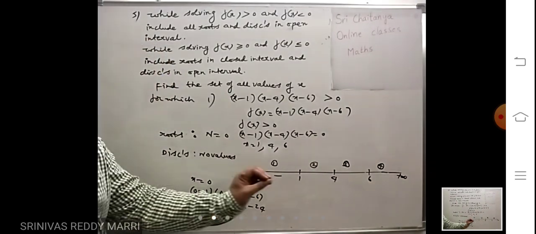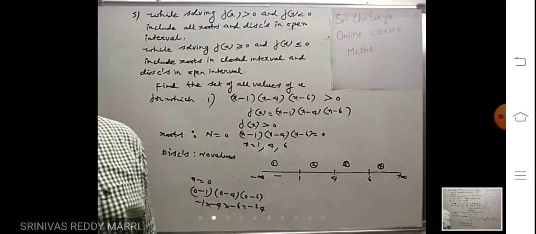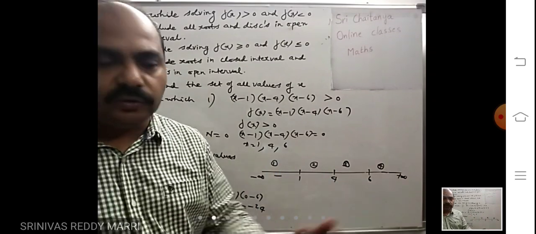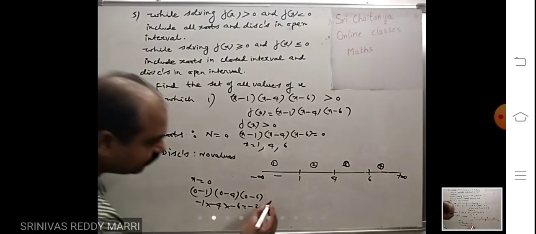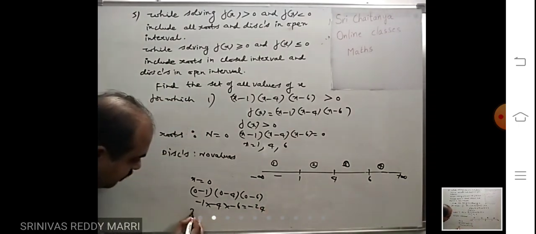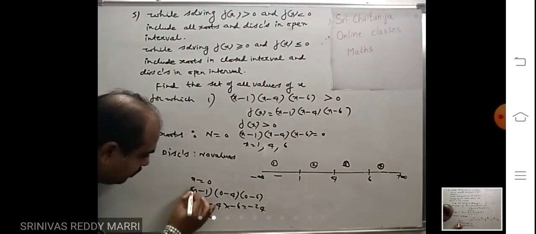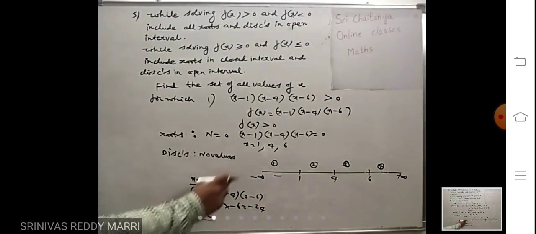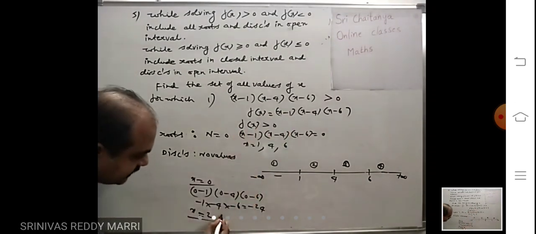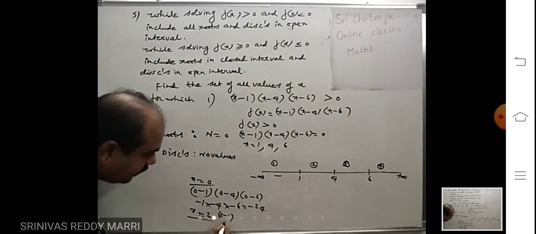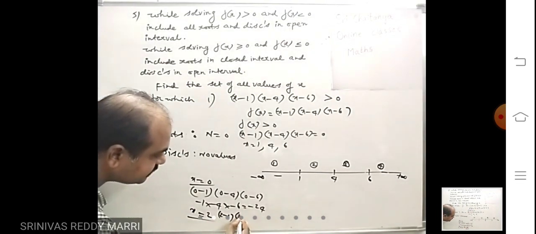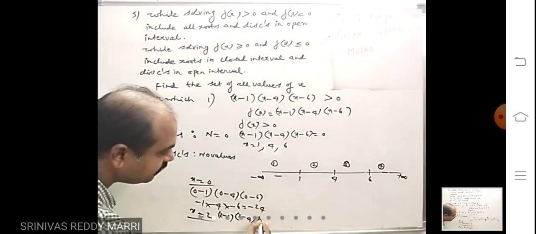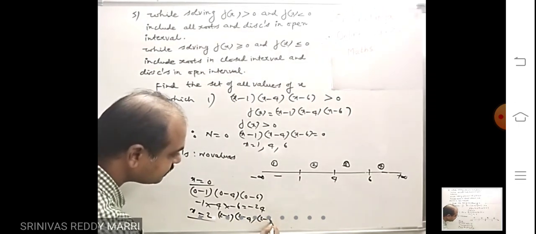Take any value you like between 1 and 4. Let us take x equal to 2. Substitute 2 in: 2 minus 1 into 2 minus 4 into 2 minus 6.